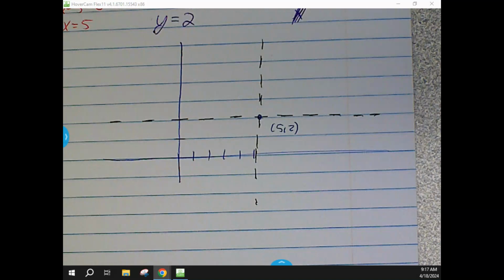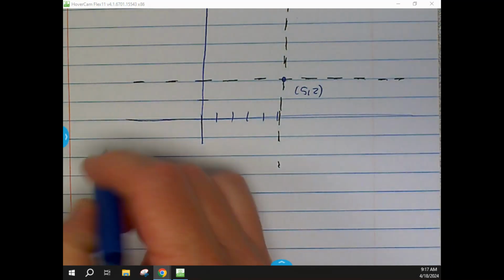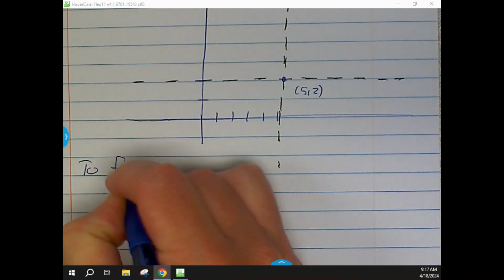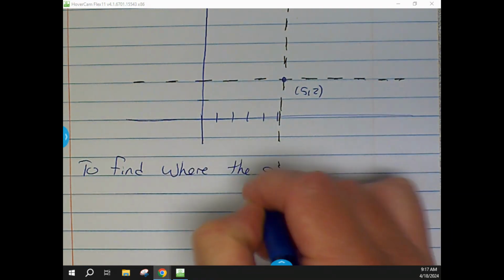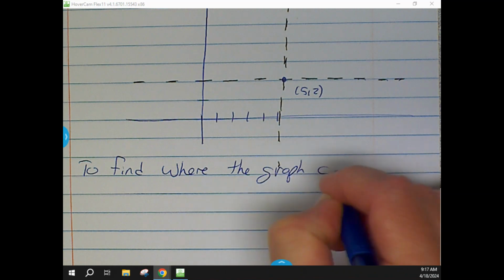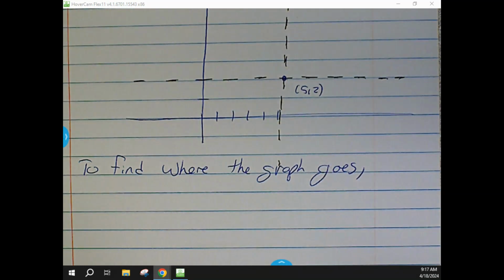So what we're going to have to do, and this is the new part we got to add in for this one, because we don't really know where the numbers are going to be. So here's the new thing we're going to have to do. To find out where the graph goes, we're going to have to plug in a value.